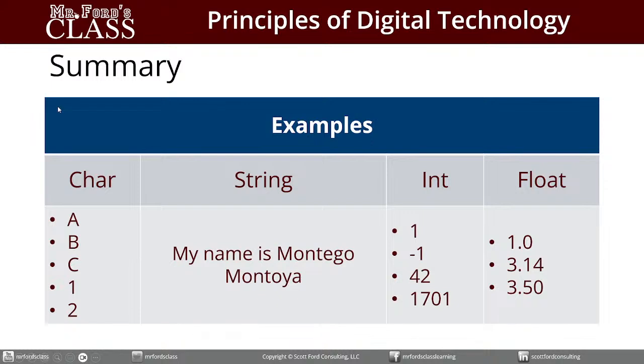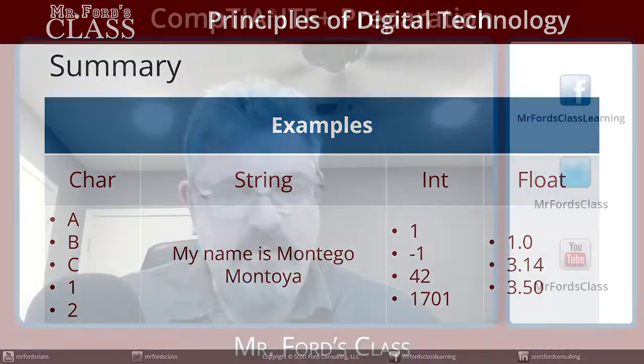So here is kind of a summary. If we take a look at this table, on the left side, we have characters. Yes, 1 and 2 can be considered characters if you set them as characters. But if you want to do math with them, then you need to set those as some type of number. The string is characters put together. So my name is Inigo Montoya. And if you don't know where that's from, then I feel bad for you.